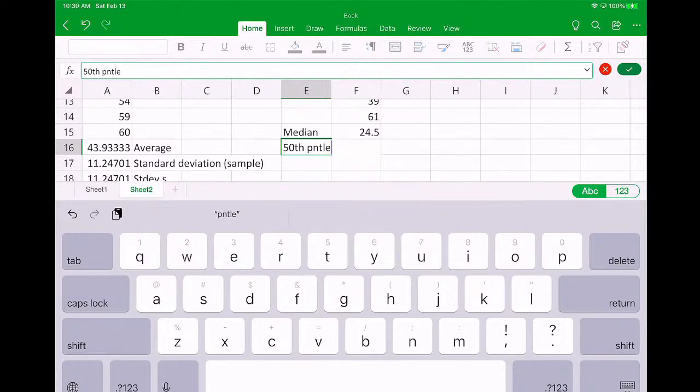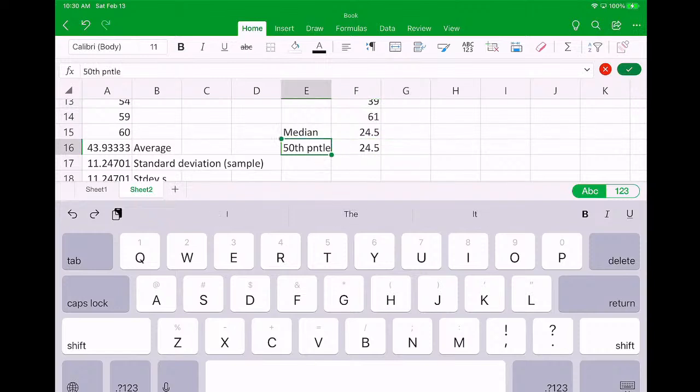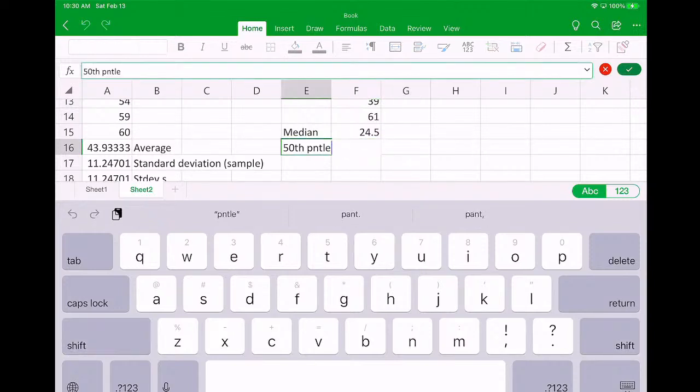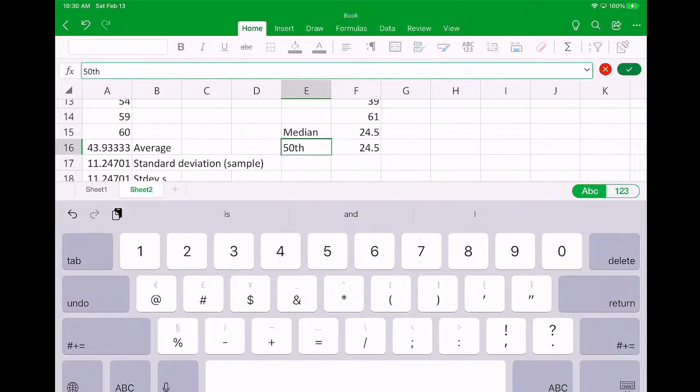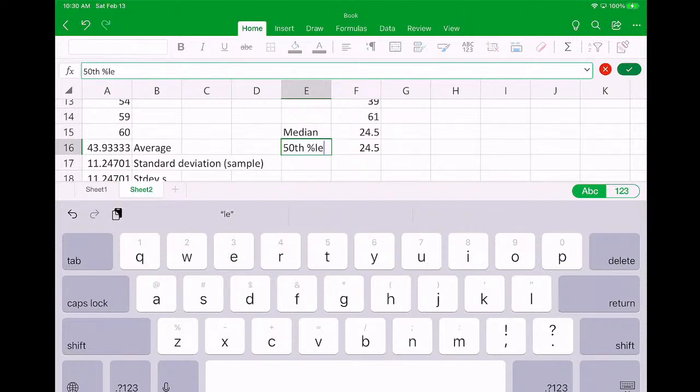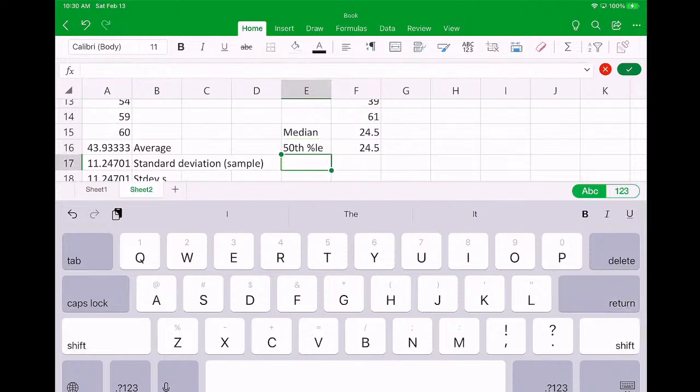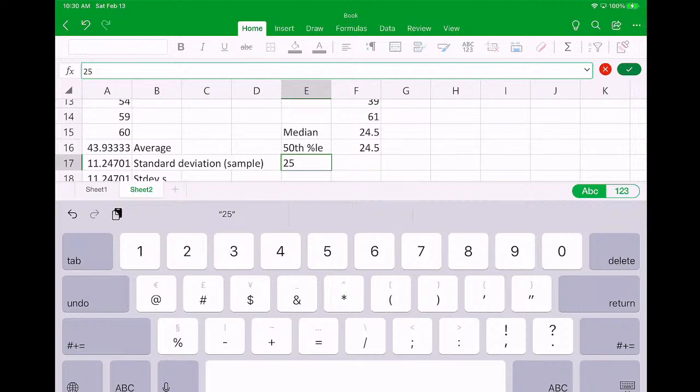It's not 50%, but the 50th percentile. Do it this way. And let's do the 25th percentile. Let's calculate the 25th percentile.